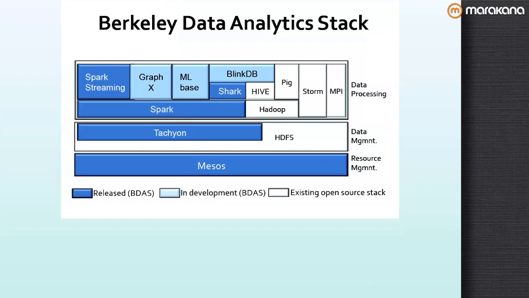The bottom level there, Mesos, that's a resource management framework. If you're familiar with YARN out of Cloudera, that's something similar. If you wanted to run MPI jobs or a Storm cluster or a Hadoop cluster and a Spark cluster at the same time, or multiple Hadoop clusters or multiple Spark clusters, that gets to be pretty much impossible unless you've got some sort of resource manager underneath allowing you to share different resources, CPU and memory and such, across the clusters.